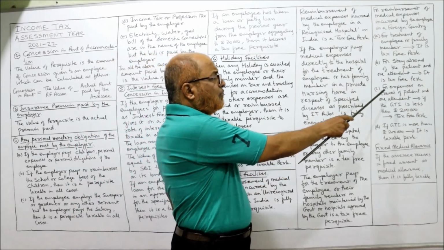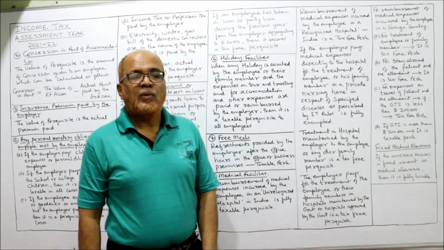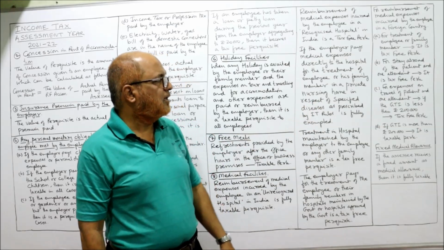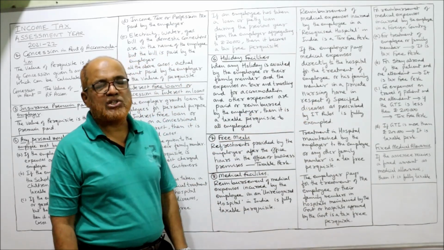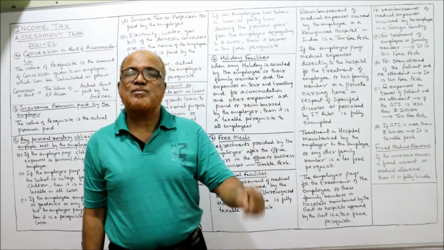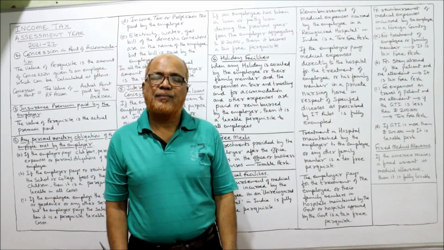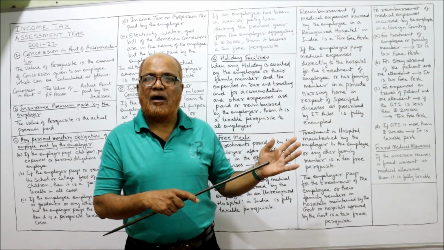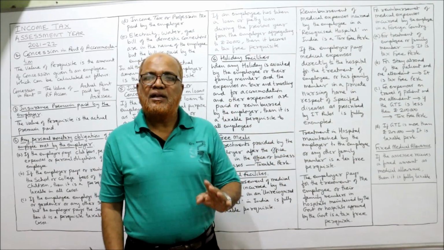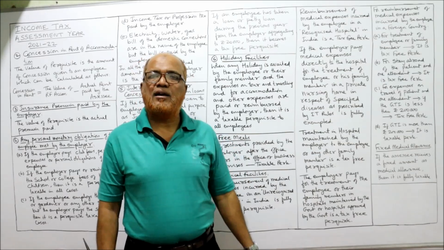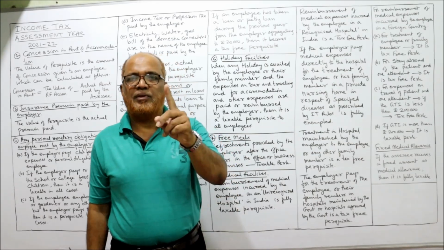Next one, for expenses on travel of the patient and one attendant, if the GTI of the employee is less than 2 lakh, tax-free. Now, traveling expenses, the airfare from India to America, the airline tickets of the patient and one attendant, let it be 1 lakh rupees.